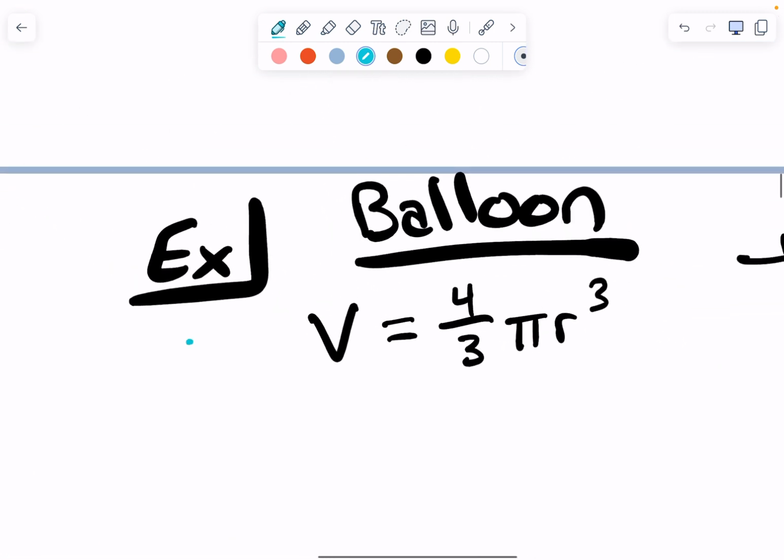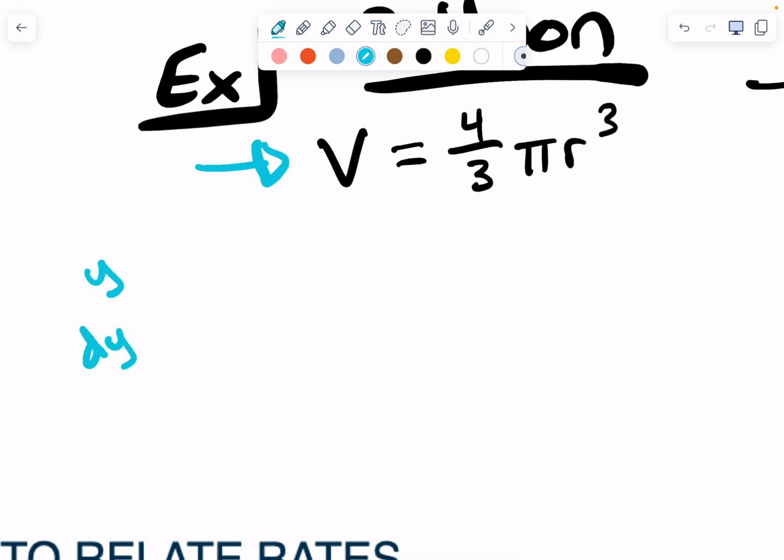Okay? So let's talk about if I were to take the derivative of this equation right here, like the derivative of v, the derivative of r, all of those things, right? Do you know how when we would take the derivative of y, we would have dy dx, right? That's because x was our designated variable. True? The derivative of y was dy dx, okay? Now, we are in related rates, we're relating everything to time.